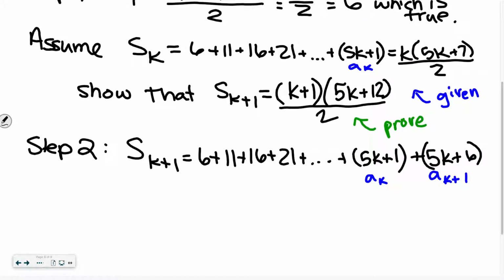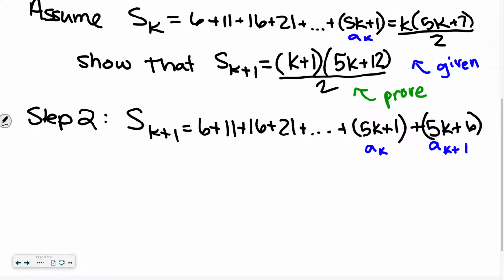Okay, well, some of that is familiar to me. 6 plus 11 plus 16 plus 21 plus 5k plus 1 all the way up to there, that's all equal to what? 6 plus 11 plus 16 plus 21 plus 5k plus 1 equals k times 5k plus 7 over 2.